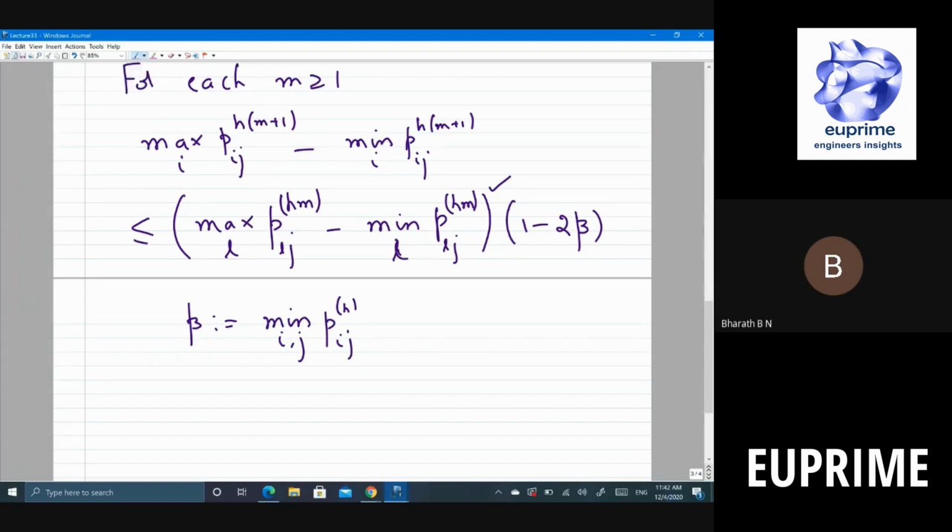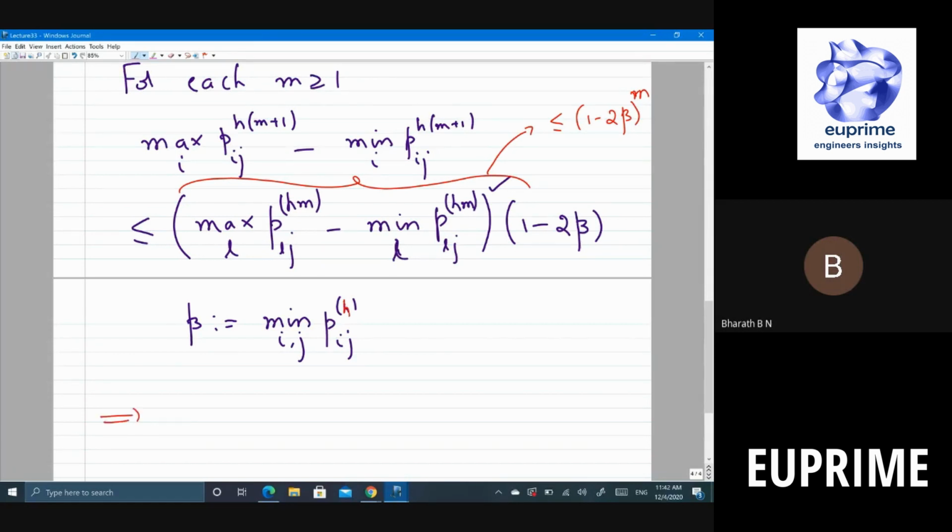So for example, I can say that this is less than or equal to 1 minus 2 beta power m. Is that fine? Because beta is defined on Pij in h steps, therefore it's 1 minus 2 beta power m, not hm. Is this fine? So what does this imply?